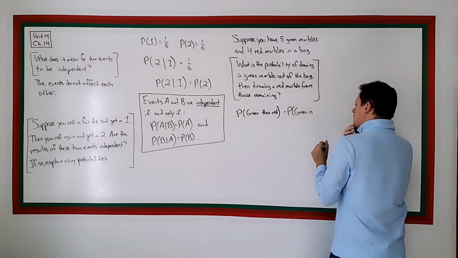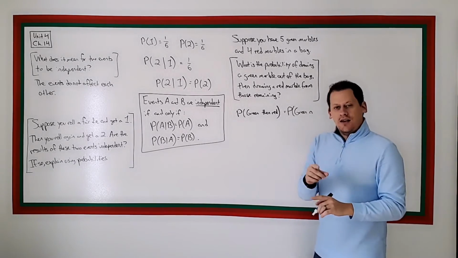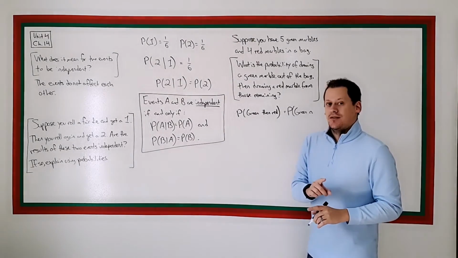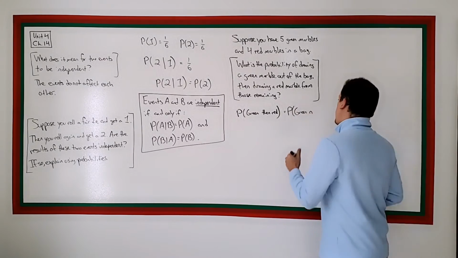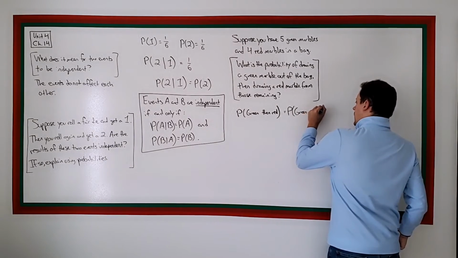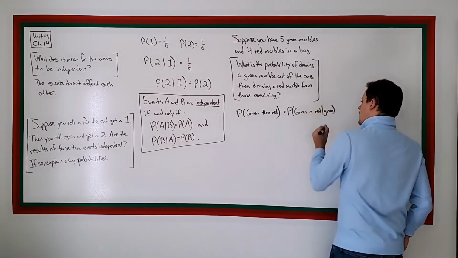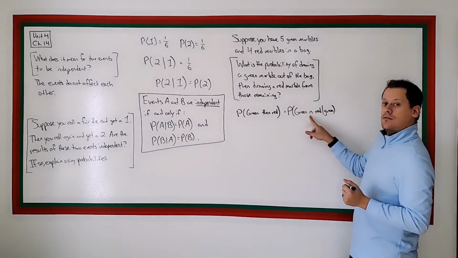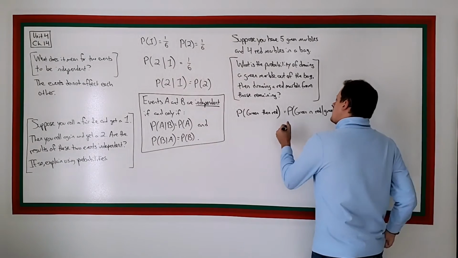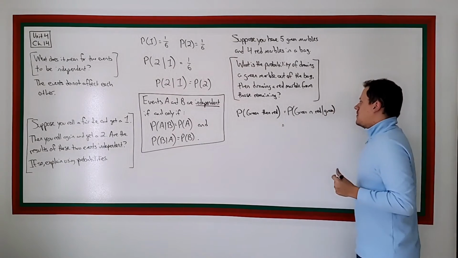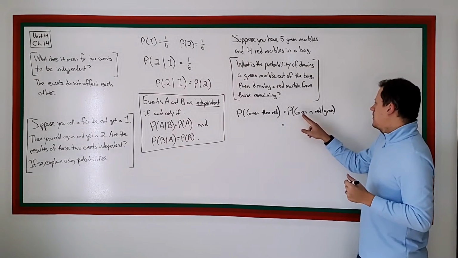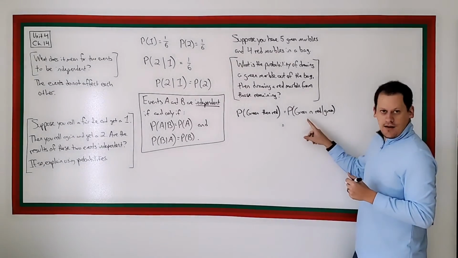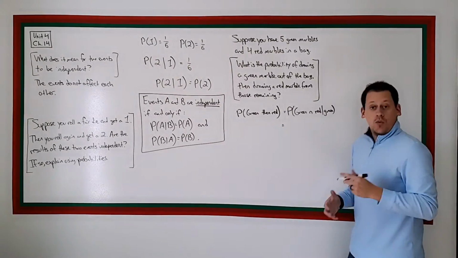and red, given that green already happened. Red, given that you took a green out. So it's really like this. And remember, this means and. So if we've got the probability of two events with an and there, that means we multiply.